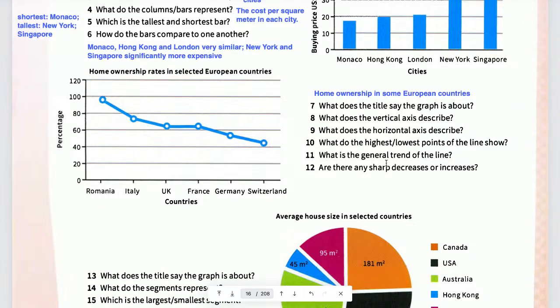Number 8, what does the vertical axis describe? When you look at the vertical axis, you see what is mentioned there? Percentage. You know what it is about, right? The percentage of people who own their home. Yes, the percentage of people who own their homes in some European countries. For example, in Romania, we see almost 100% of people owning their own houses.